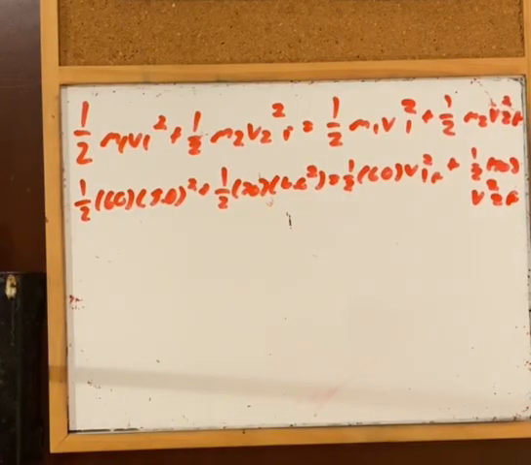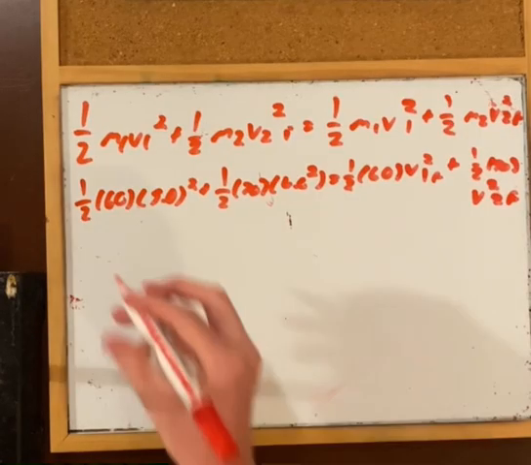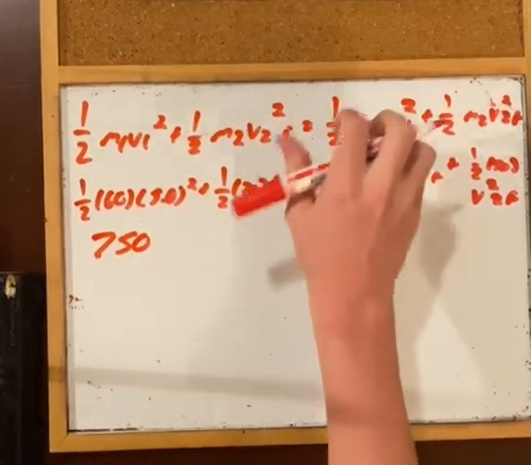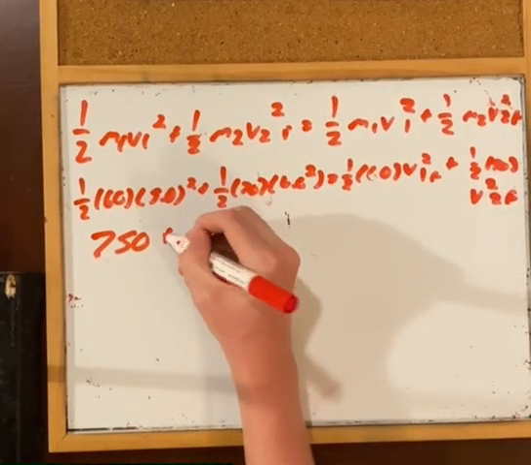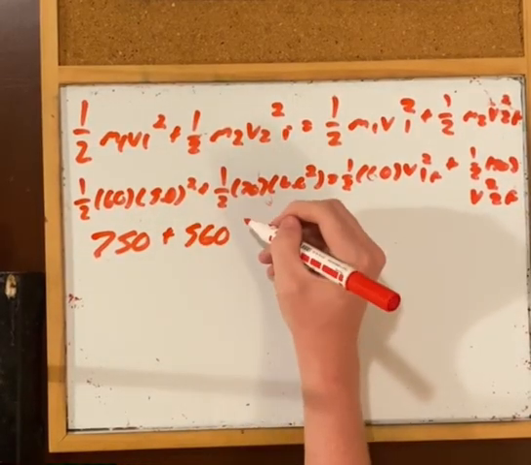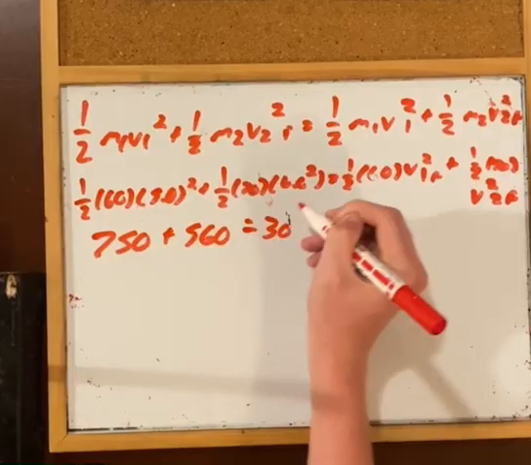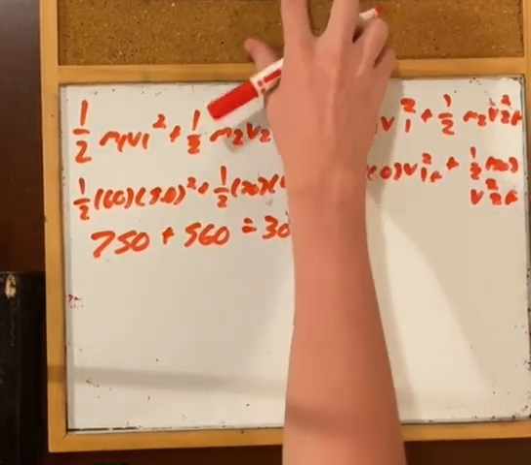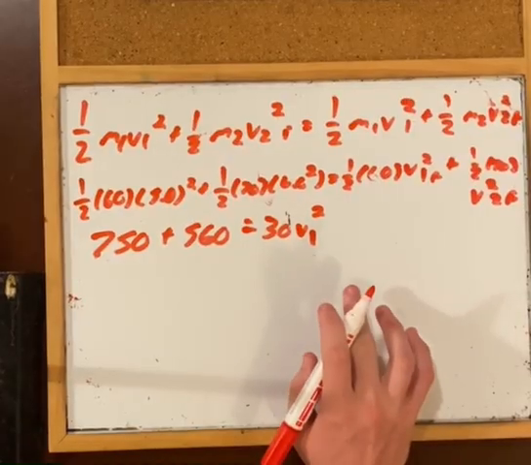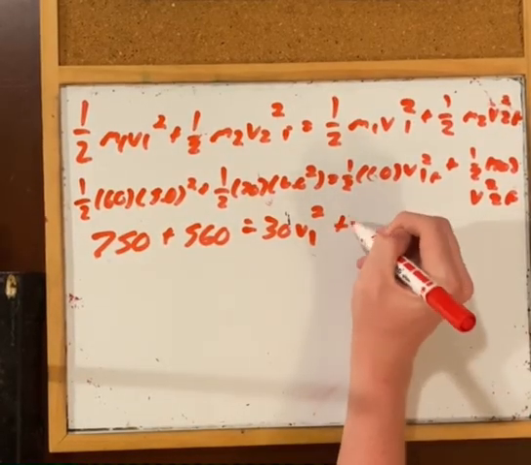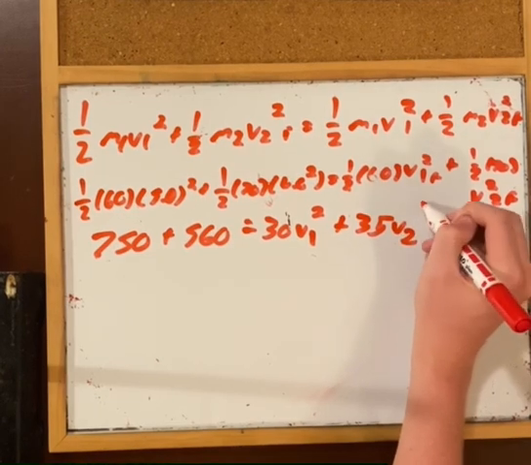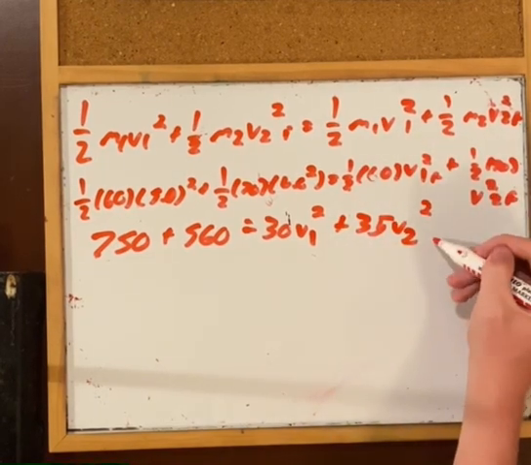And from there, we multiply, and we get 750 plus 560 equals 30 v1f squared plus 35 v2f squared.